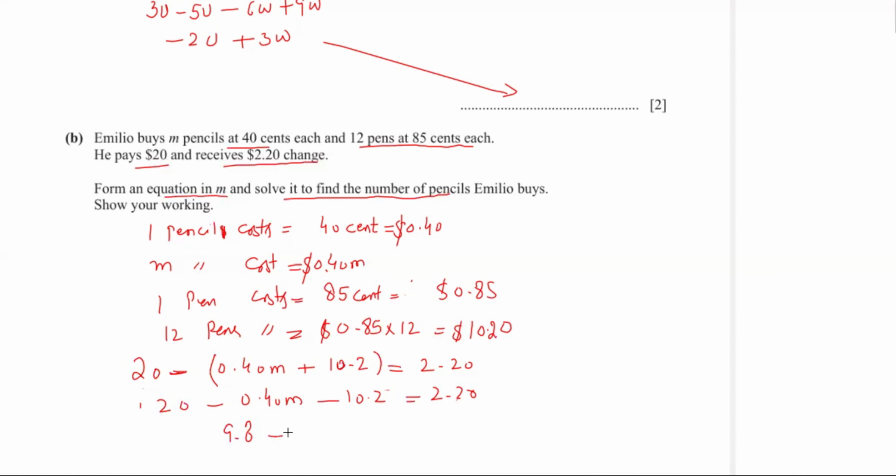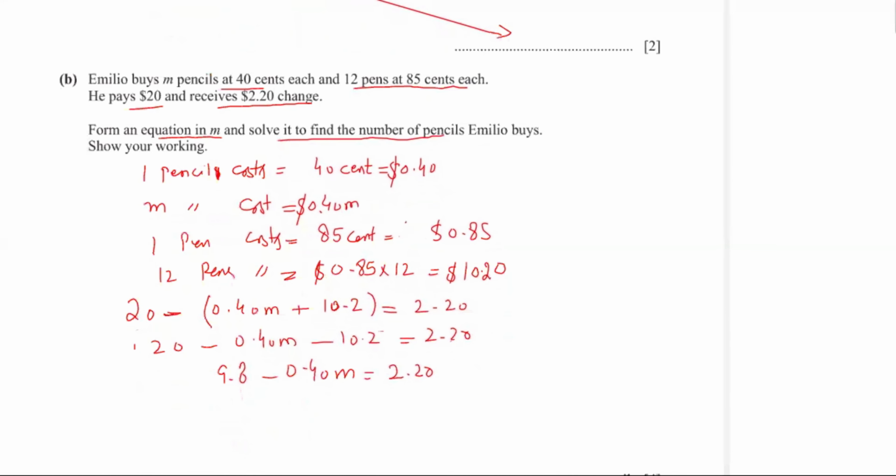And this value will be equal to 9.8 minus 0.40m equal to 2.20, and therefore 0.40m equals 2.2 minus 9.8, and 2.20 minus 9.8 is equal to minus 7.6, and we divide it.